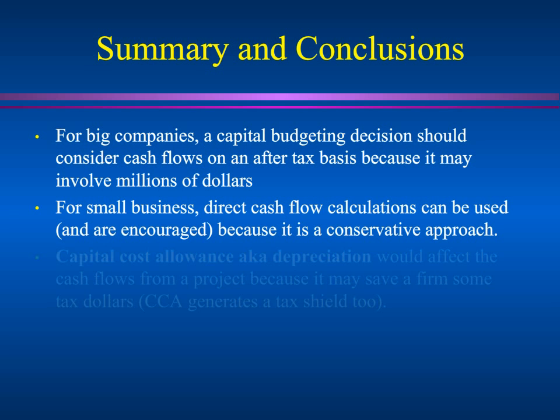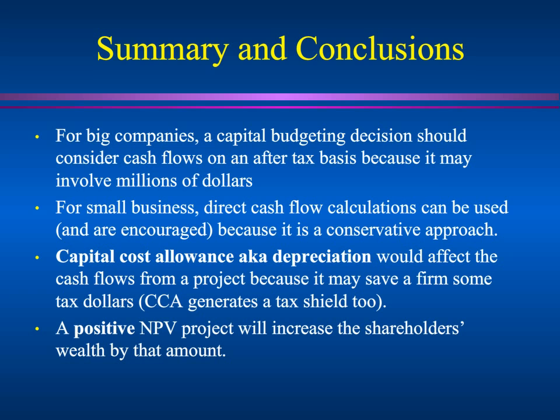Okay, again, for big companies, capital budgeting decisions should consider cash flows on an after-tax basis because they may generate significant tax shields, up in the millions sometimes. So that's the sort of thing larger companies look at.